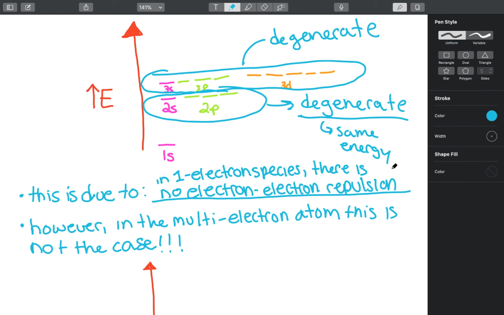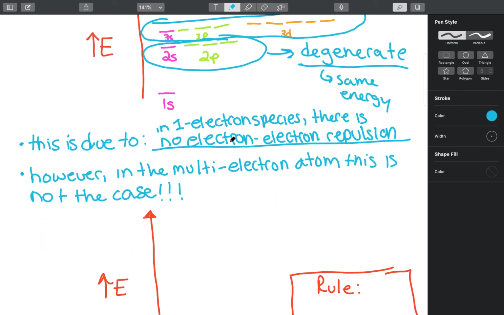So that's why all subshells within a particular energy level are equal to each other in energy. So this was all covered in the last video. If you have any questions about this, please post them in the comments. However, I go into it in a lot more depth in the last video, so please take a look at that if you are confused.